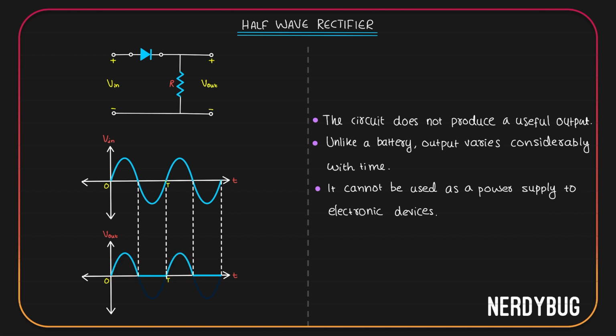This is not DC. So the circuit does not produce a useful output for us. This output is still varying considerably with time. So this cannot be used as a power supply to our electronic devices, which means we still have to do our work and modify this circuit so that it can be used as a power supply to our electronic devices.